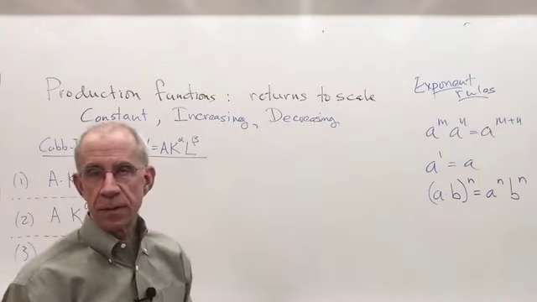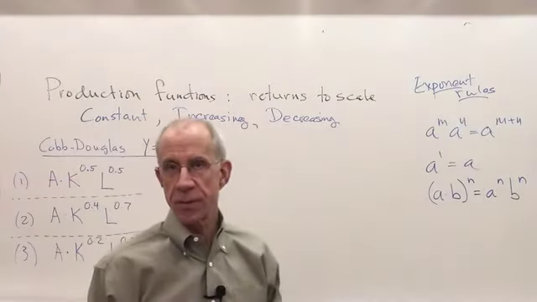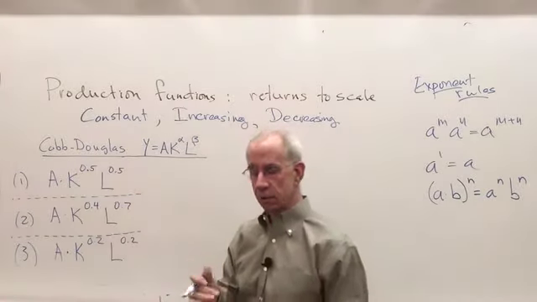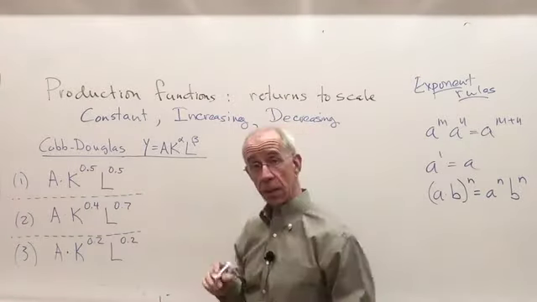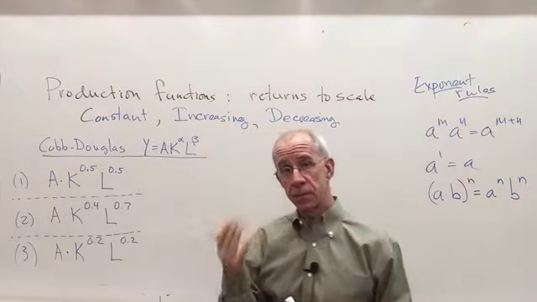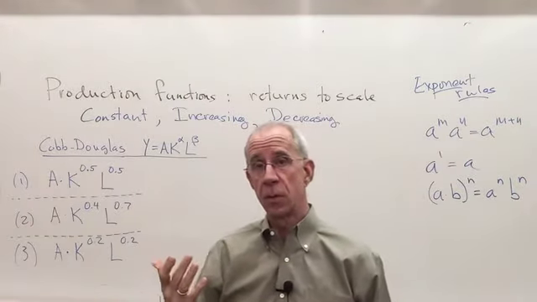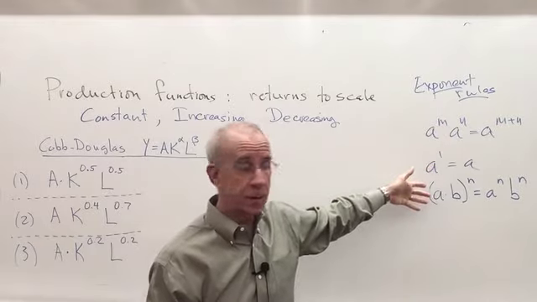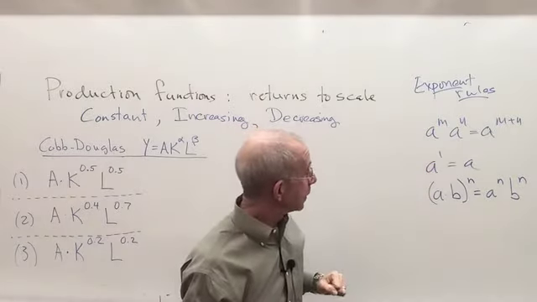So I want to explore the idea of returns to scale using a particular production function here. To do this analysis, we're going to be using some of the exponent rules identified in another video.